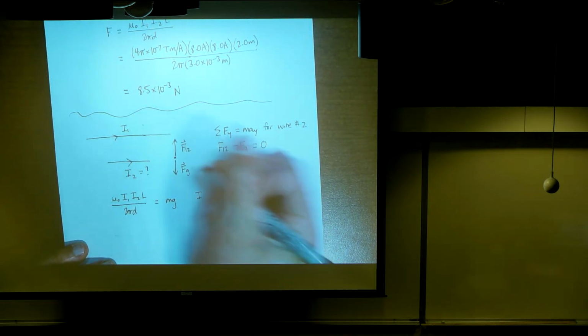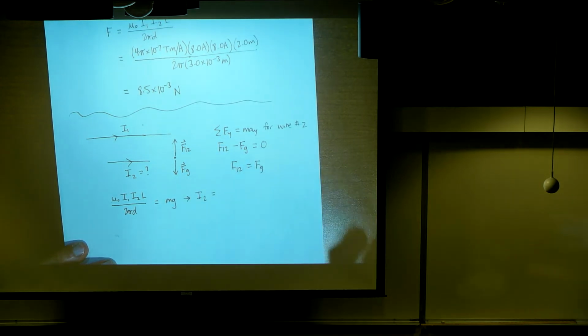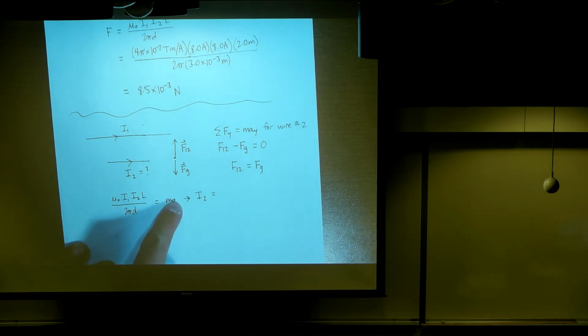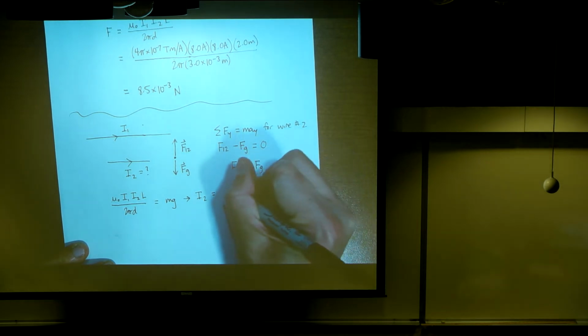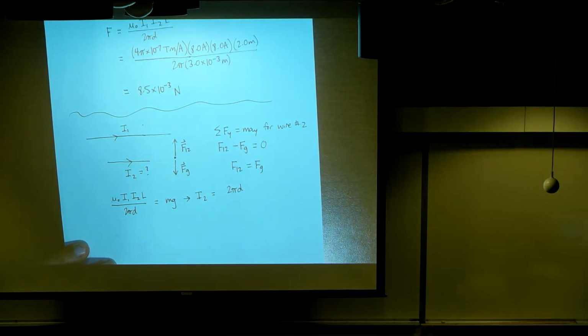That's my goal. So let's just shuffle the terms around so that we can solve for I2. So looks like the first thing I could do is multiply 2 pi d to put it on top. And I can divide out mu naught I1 and L. Okay?